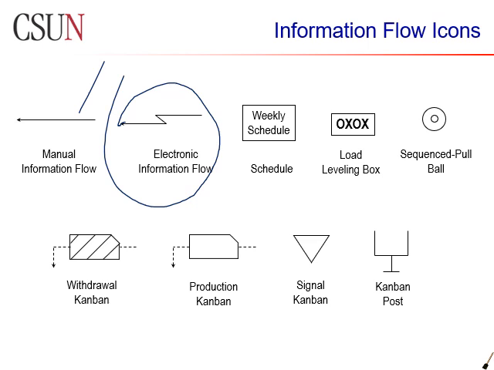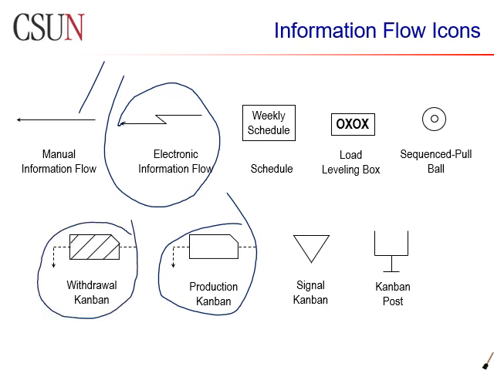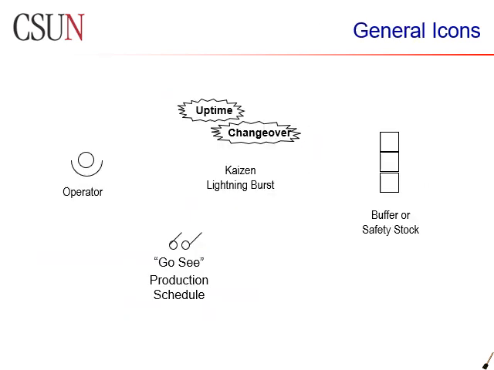When we need a production Kanban, we need to produce the product whenever there is a Kanban card for the production, we use this one. When it is a retrieval or withdrawal Kanban, this is what is used. When you have a schedule, this is what you use.